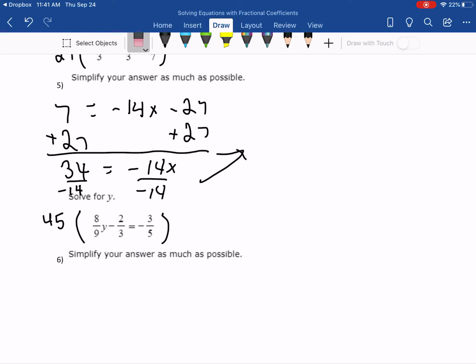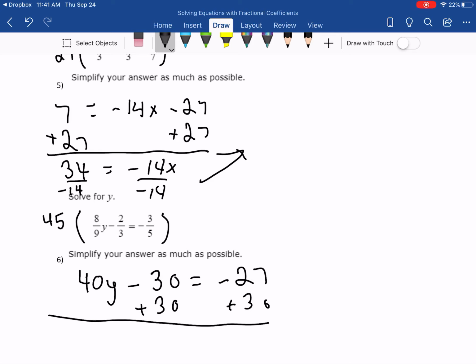But when we do that, we get 40y minus 30 equals negative 27, plus 30 to each side. So we have 40y equals 3, and y is equal to 3 over 40.